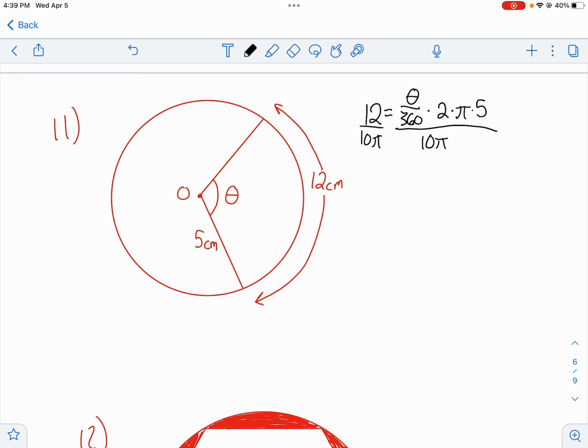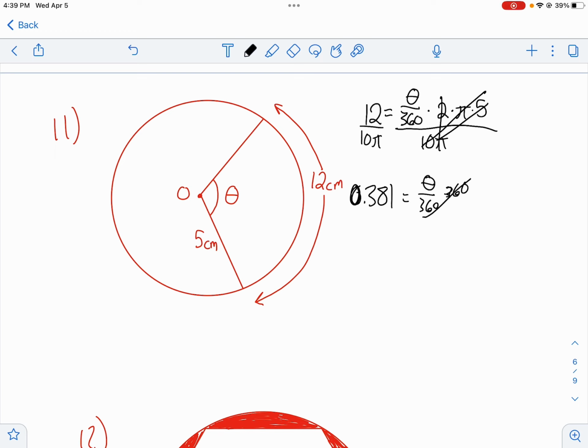So in my calculator, be careful how you type this. I'm going to write 12 and then divided by, then I'm going to start a parenthesis and put 10 pi in the parentheses. That way it does 10 times the pi and then it divides the 12 by it. And I get 0.381 equals theta over 360, because these cancel. And I multiply by 360 on both sides.